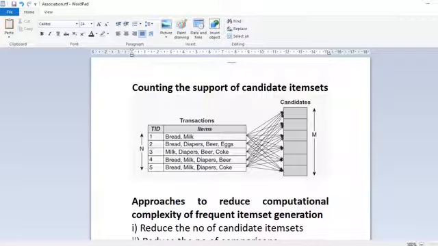But is this approach viable? Definitely not.